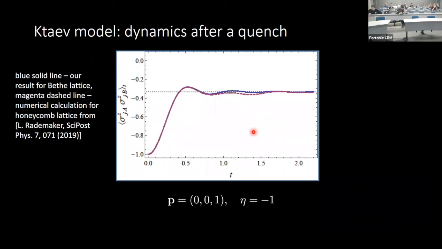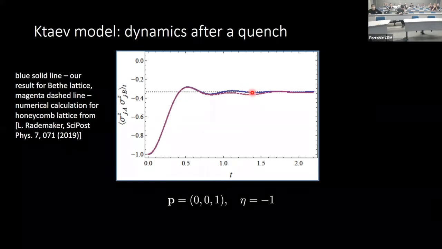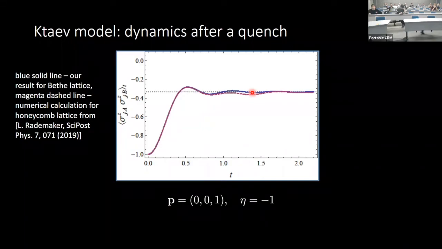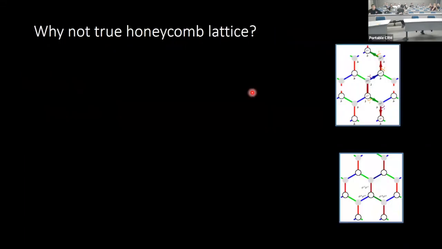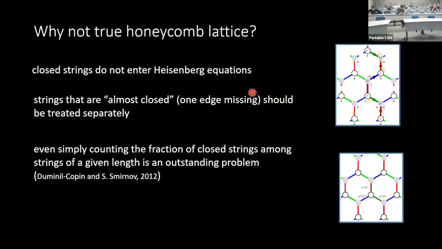And here the red curve is our result, and the blue curve is the result of a numerical calculation on a true honeycomb lattice. They are quite close, which can be physically understood. So let me skip this discussion of the difference between the honeycomb lattice and the honeycomb-like Bethe lattice.